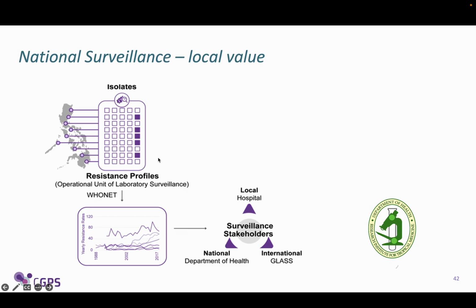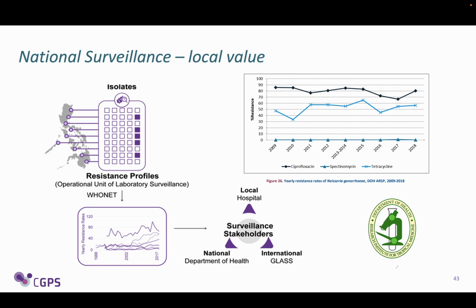So you have resistance profiles that indicate phenotypic resistance to a series of antibiotics. And that information is used to collate and understand trends in resistance over time. And that information can be used for surveillance stakeholders, either at the local hospital level, the national level, prescribing habits, etc. And then ultimately, that's the base level information that's fed into the GLASS program at the WHO.